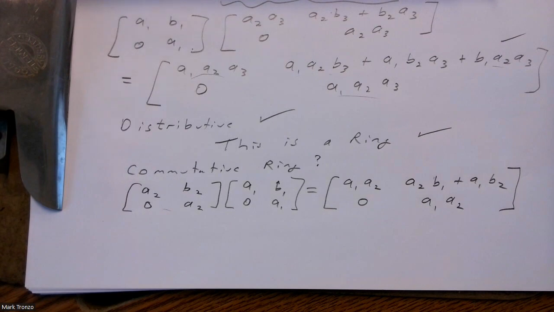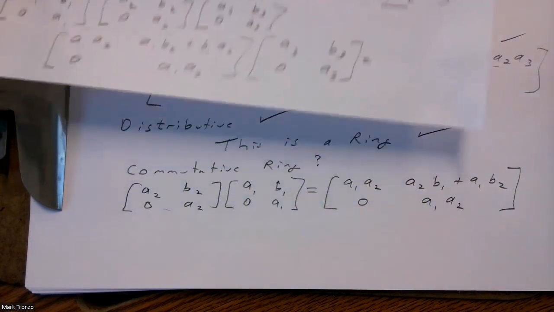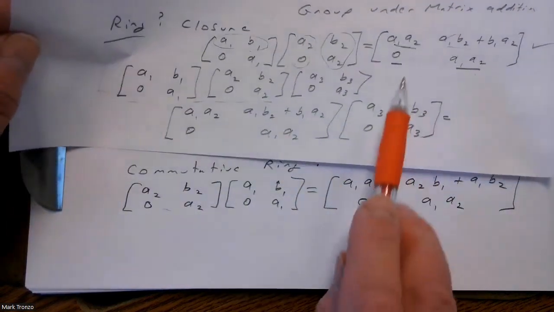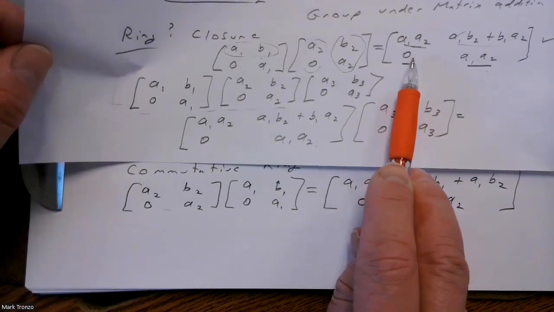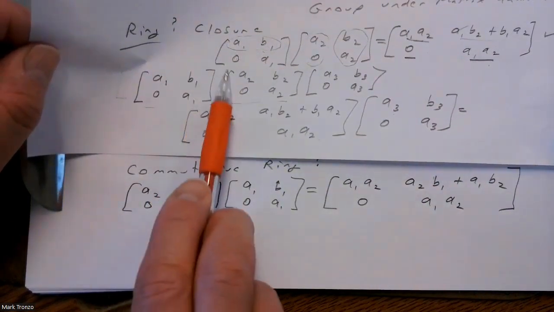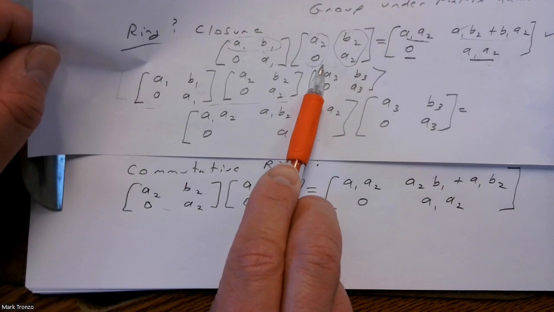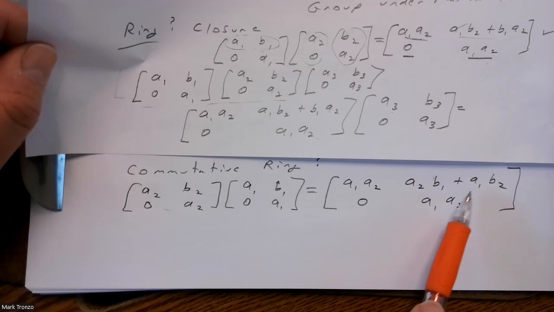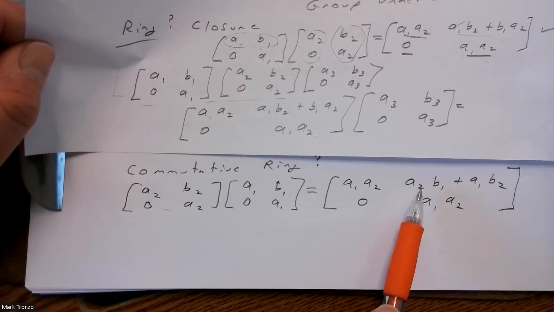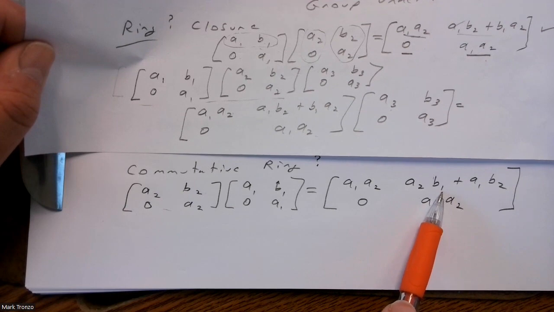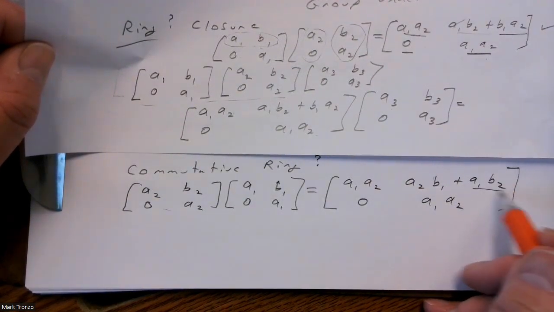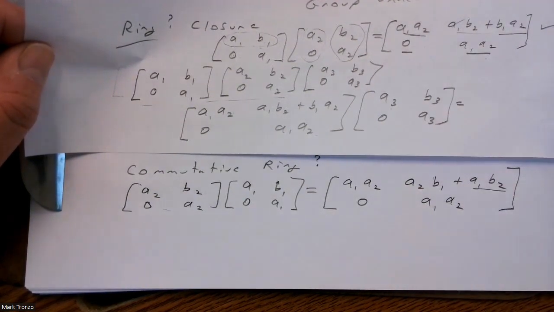And so let's see what we had before, when we multiplied these two the other way. We multiplied these this way and got this. And now let's see what we have. We have a2 b1, whereas before we had a2 b1 and then a1 b2, so those match.